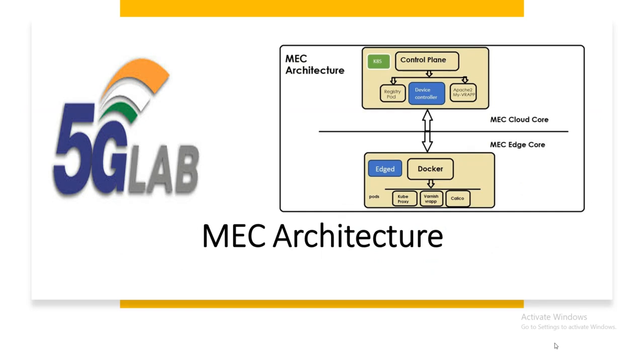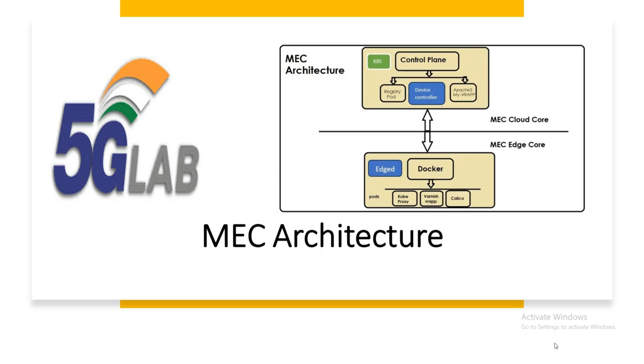There are two servers. One is MEC Cloud Core and the other is MEC Edge Core. Let's go one by one. What are the components of the MEC Cloud Core and what are the components at the Edge Core? Let's talk about the MEC Cloud Core side.